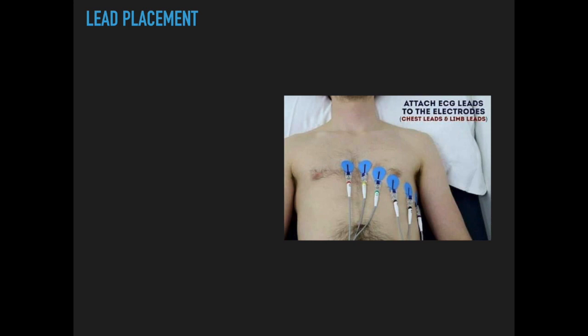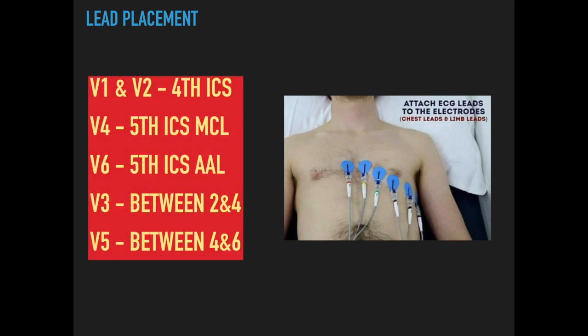Now, where do we place the precordial leads? Well, V1 and V2 should be at the fourth intercostal space, which means that it should be almost, but not quite, at the level of the nipples. This is much lower than most people are accustomed to placing these leads. And this is something that's not new.